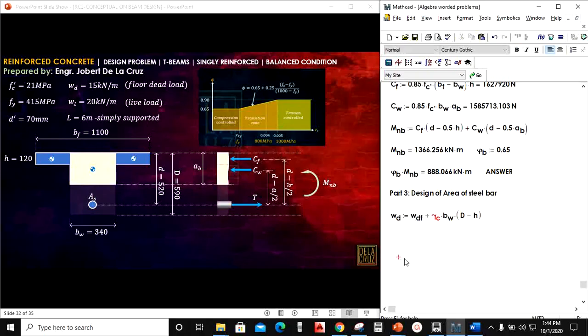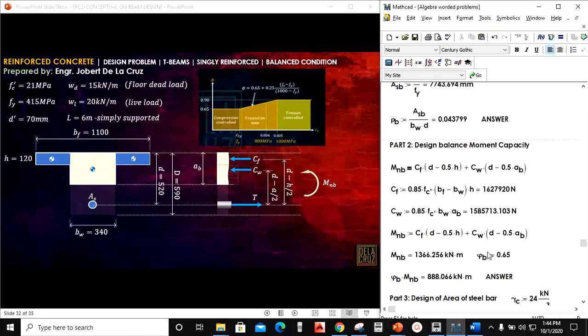Okay, so by the way, hindi ko pa na-define yung gamma of concrete. So for the purpose of demonstrating lang, I will just use gamma of concrete is equals to 24 kilonewtons per cubic meter. Okay, yan yung gagamitin ko. And by the way, hindi ko pa rin na-define yung D pala. I will just define the D dito.